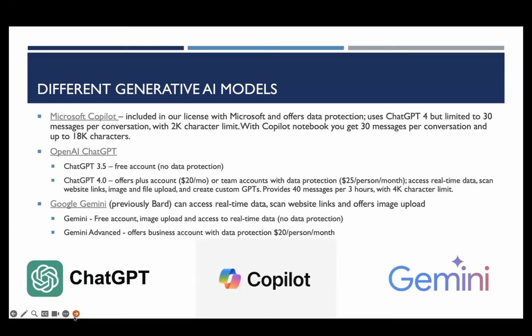OpenAI's ChatGPT, which most of us are very aware of because this is kind of what started the whirlwind of the Gen AI movement over the past year. We all have access to their free account, which is ChatGPT 3.5. This does not offer data protection, and it's limited to its knowledge base. Its knowledge base, I believe, goes up to September 2021, which in regards to specific fields may not be helpful.